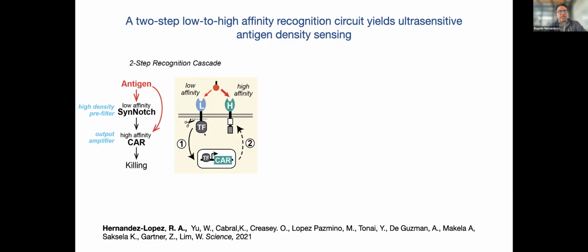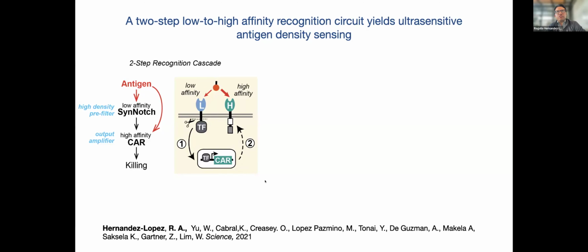The synthetic notch receptor is shown here to your left. The idea is that it's going to recognize the same antigen as the CAR, but it's going to do it with a binder that has low affinity for that protein, and it will control the expression of the CAR in a second step.